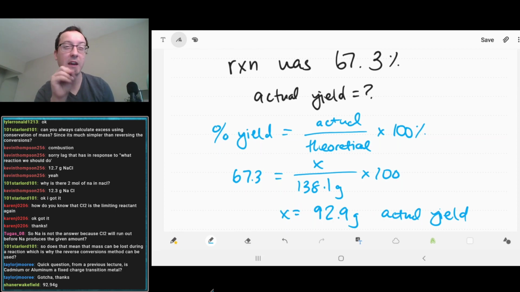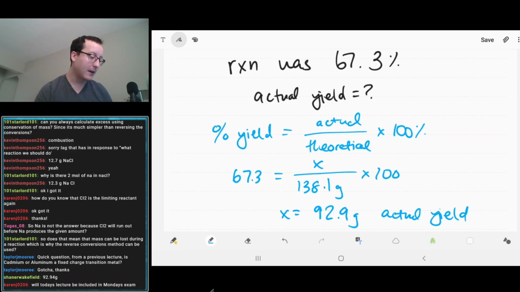Ah, sig figs, Shane. Got you. Actually, it depends. Presumably this reaction yield should give us, yes, it will be, Karen, this is still part of chapter 3, so it will definitely be included there.